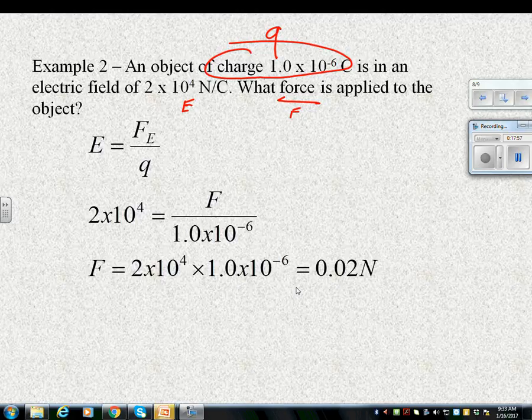On your calculator, here are the steps: 2 EXP or EE, whichever one you have, 4, times 1.0 EXP minus 6, and make sure you hit equals. If your calculator's in scientific mode, you might get 2.0 times 10 to the minus 2. Either of those is fine.